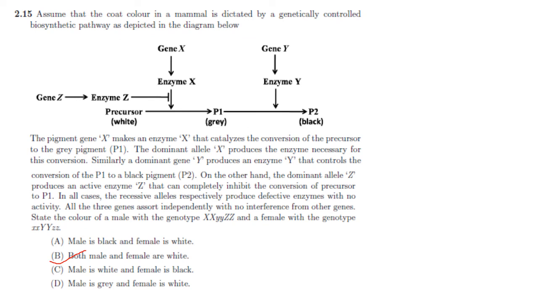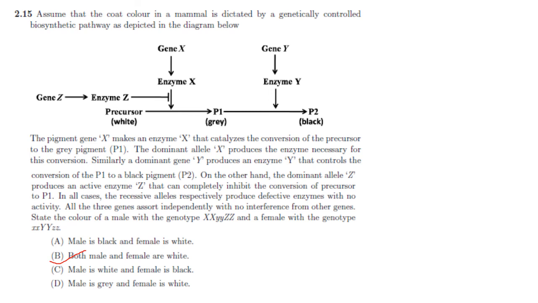Assume that the coat color in a mammal is determined by a genetically controlled biosynthetic pathway as depicted in the diagram below. The pigment gene X makes the enzyme X that catalyzes the conversion of the precursor to the gray pigment P1.